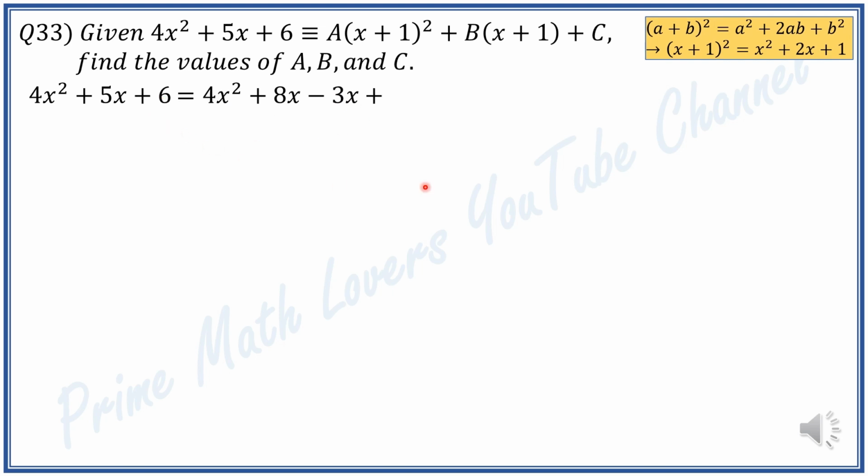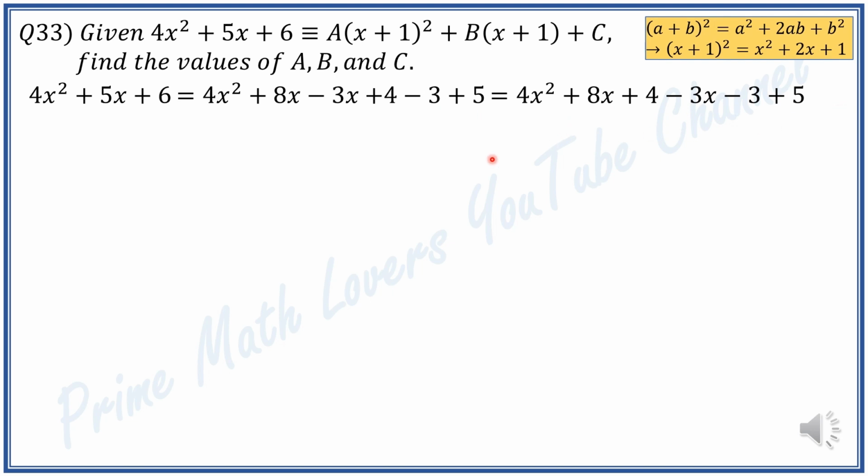And instead of 6, I write down plus 4 minus 3 plus 5. Now rearranging it, we write 4x squared plus 8x plus 4. I move 4 to here. Minus 3x minus 3 plus 5.